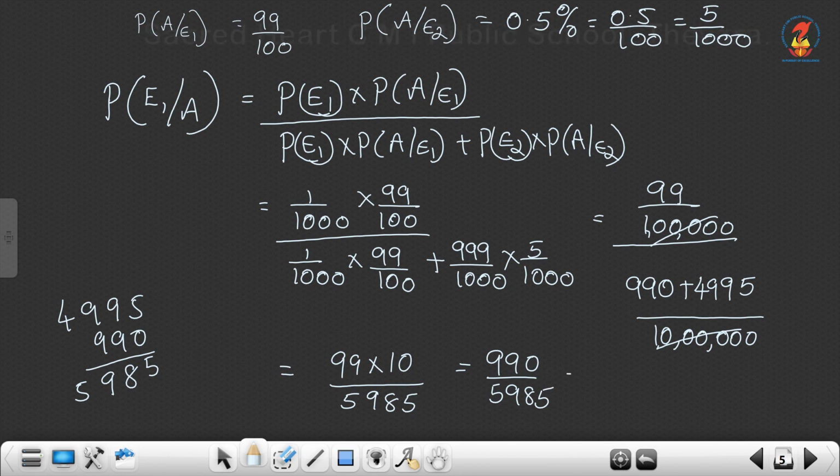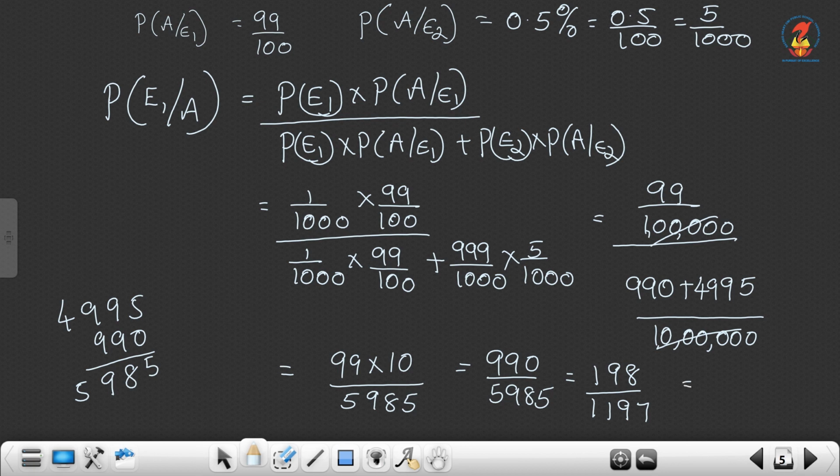You can cancel by 5. So 990 divided by 5 is 198, and 5985 divided by 5 is 1197.